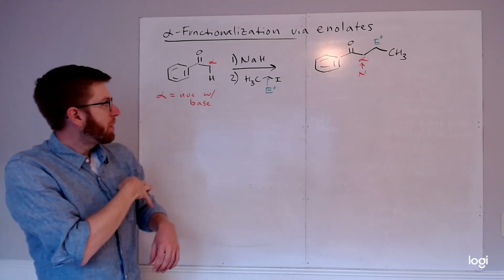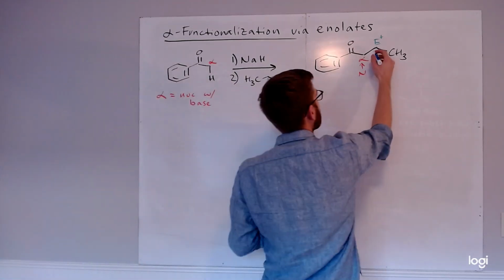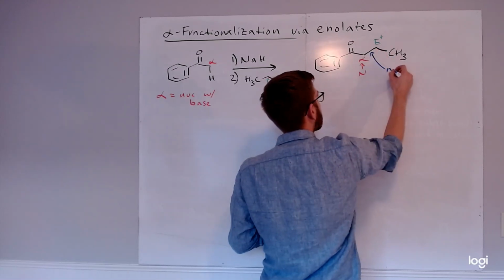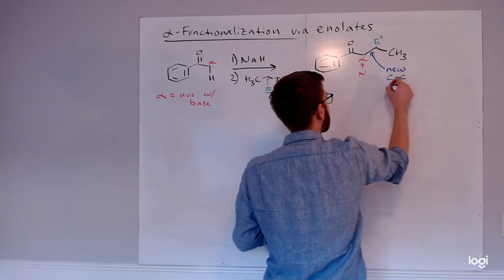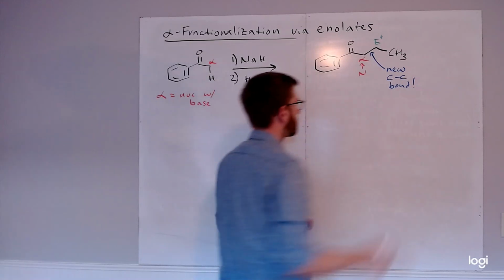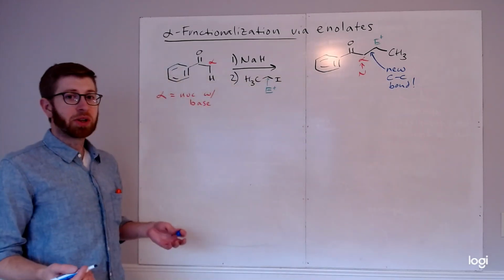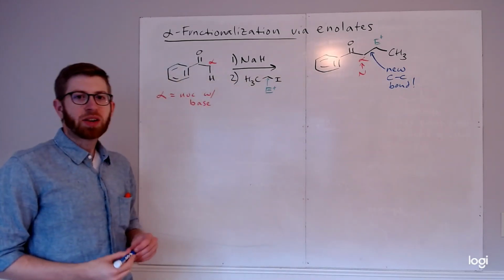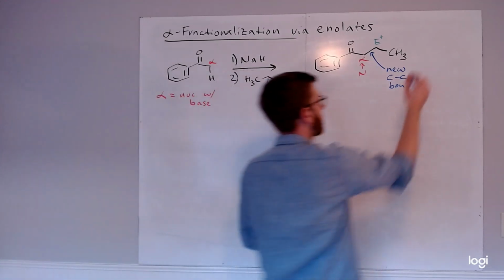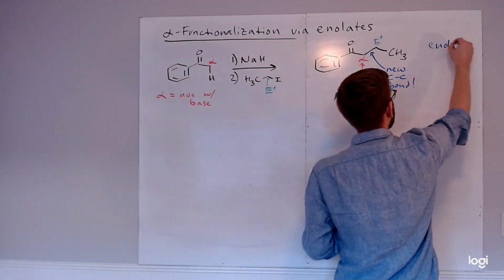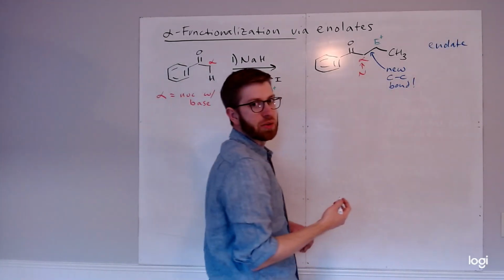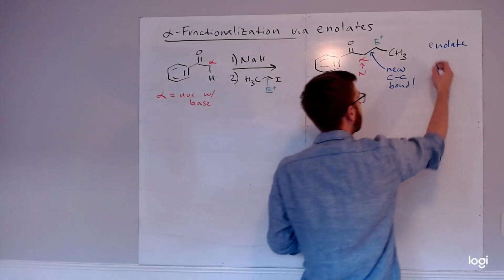So the bond that I made is this one. Pretty cool. So we call this reaction an enolate alkylation because what we're doing is adding an alkyl group to the nucleophilic part of an enolate.